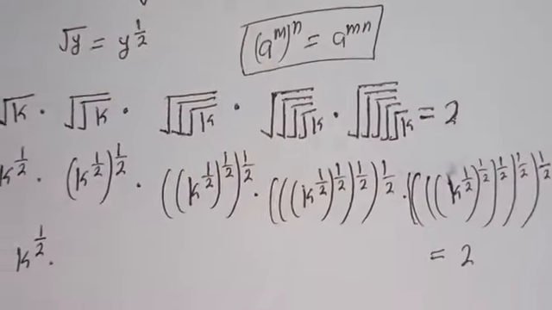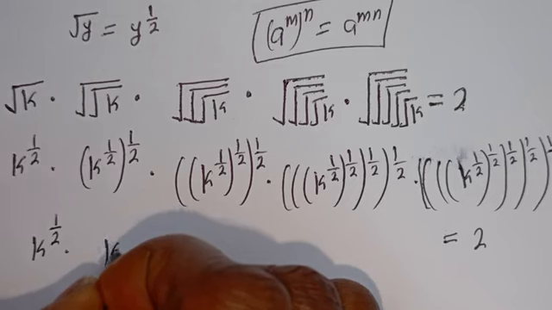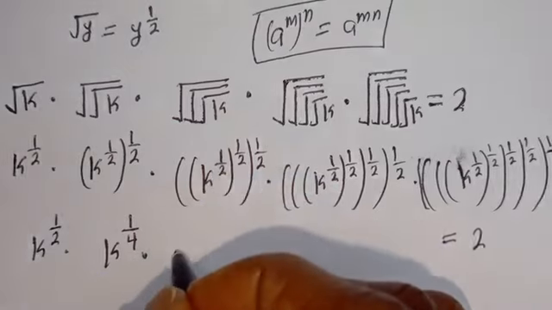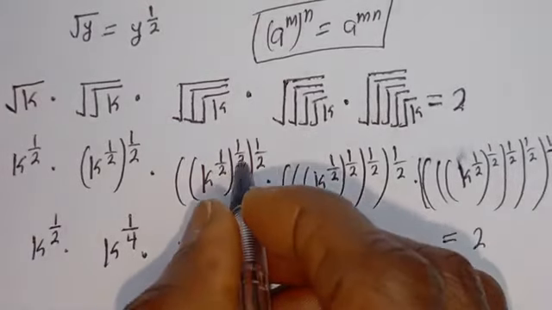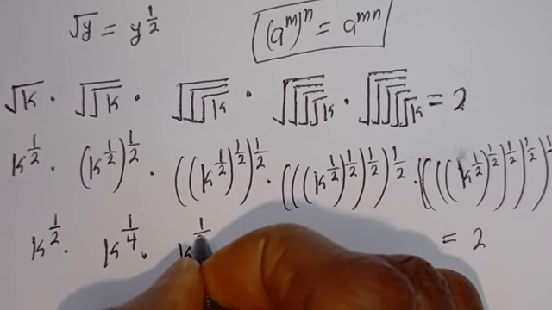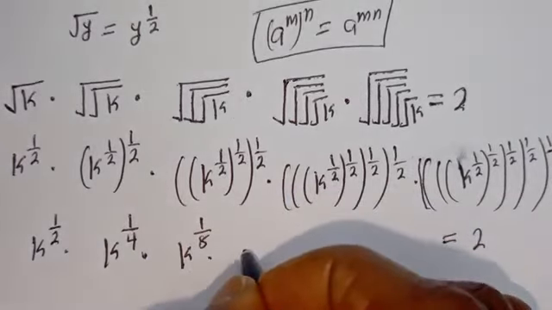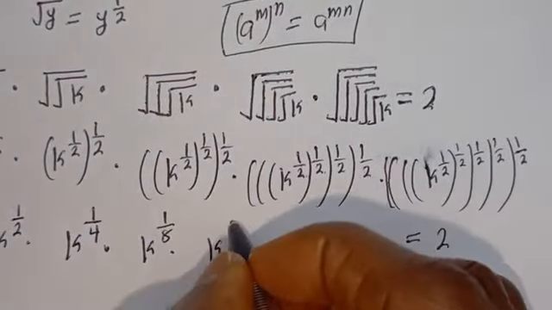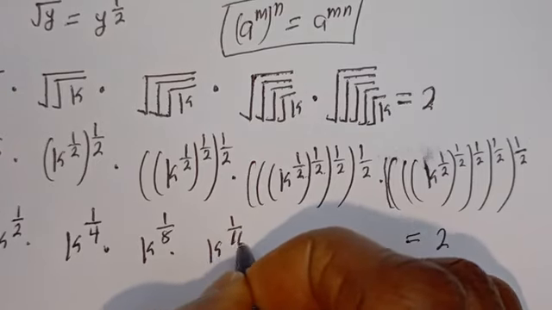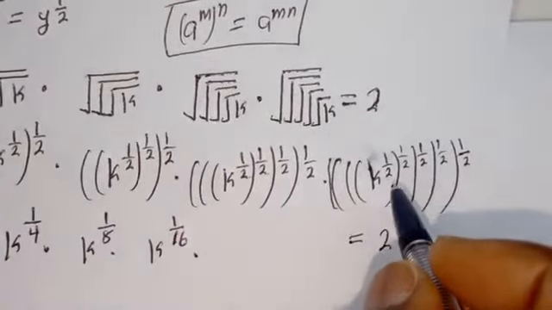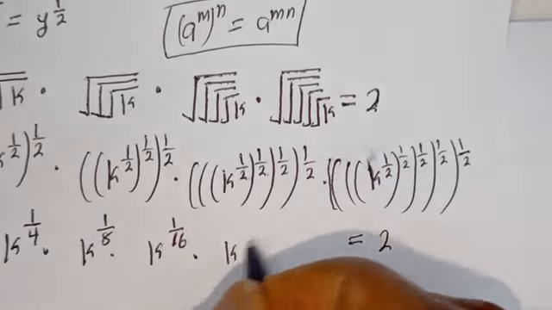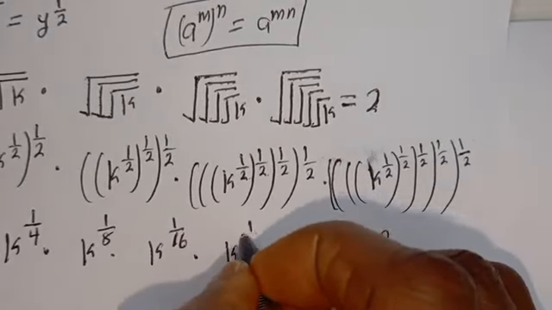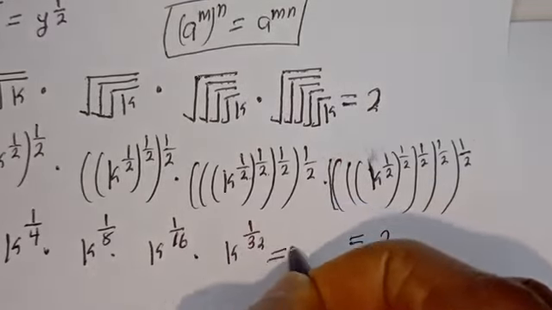Then this can be written as k to the power of 1 over 2 times 2, that is 1 over 4, multiplied by k to the power of 1 over 4 times 2, that is 1 over 8, multiplied by k to the power of 1 over 16, multiplied by k to the power of 1 over 32, is equal to 2.